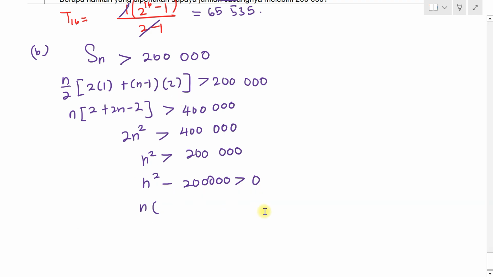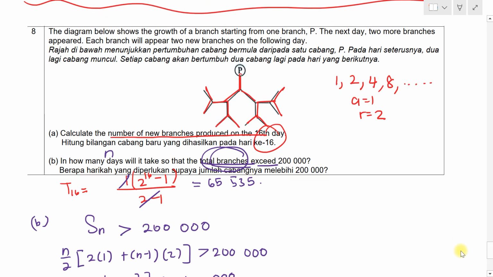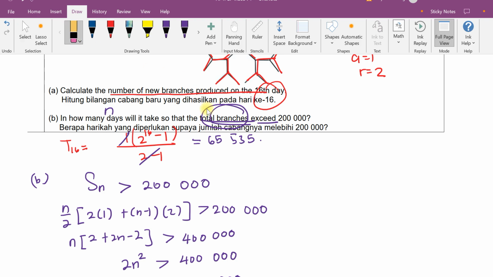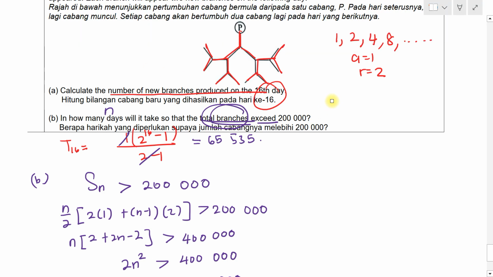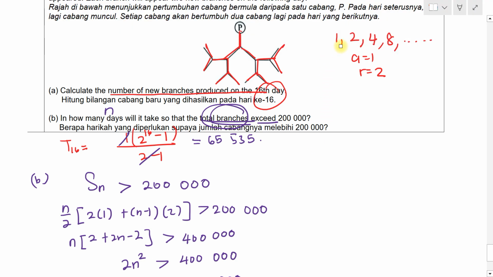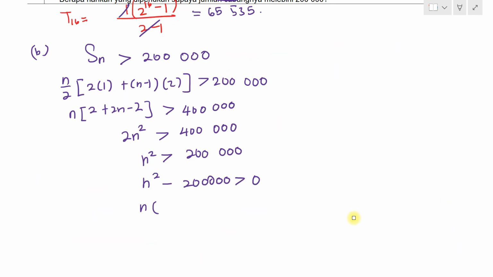Okay, hold on. Let me check if I made any mistake. I think maybe the question tells you new branches only. Maybe they never consider the one. But in my opinion, let me rethink the question first. Okay, I made a stupid mistake here.